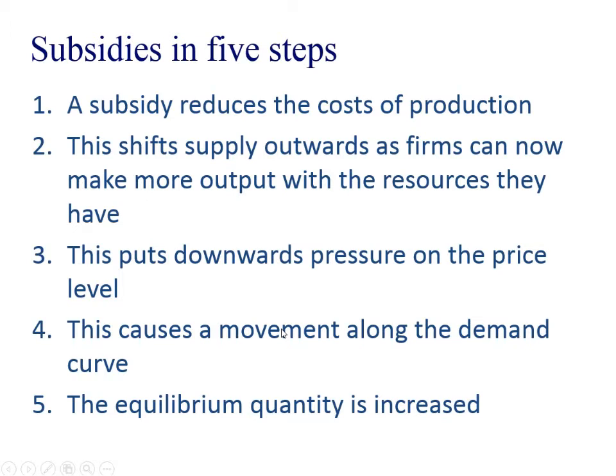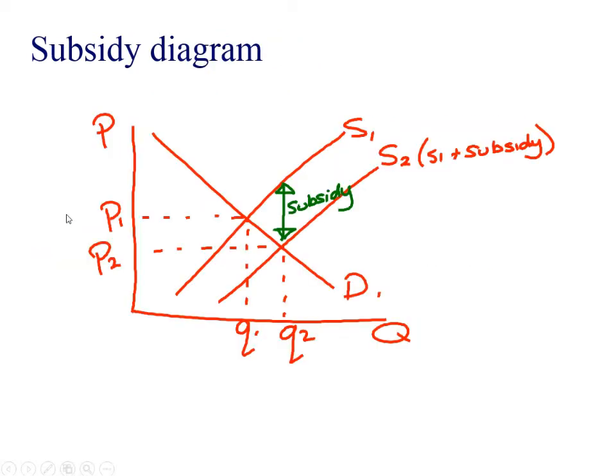So how does it work? This is really your level 3 stuff, so it's really important that you put this into an essay about subsidies. So it reduces the cost of production, it shifts supply outwards, so firms can now produce more with the resources that they have. This puts downwards pressure on the price. Now, you can put a step in between that. The reason it puts downwards pressure on the price is if the price was still up here, you'd have excess supply, so you'd have too much stock.